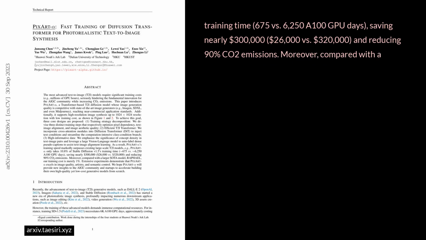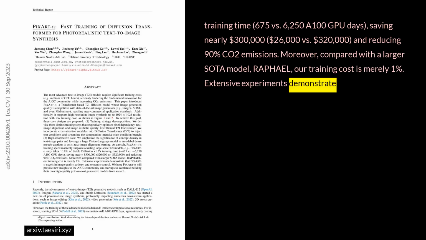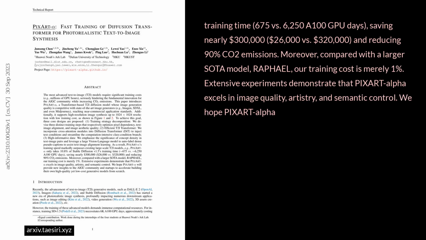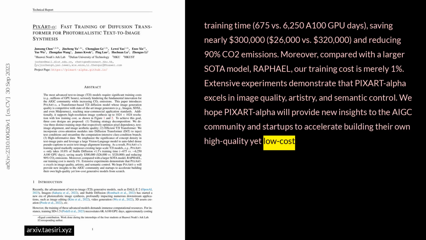Moreover, compared with a larger SOTA model, Raphael, our training cost is merely 1%. Extensive experiments demonstrate that PixArt Alpha excels in image quality, artistry, and semantic control. We hope PixArt Alpha will provide new insights to the AIGC community and startups to accelerate building their own high-quality yet low-cost generative models from scratch.